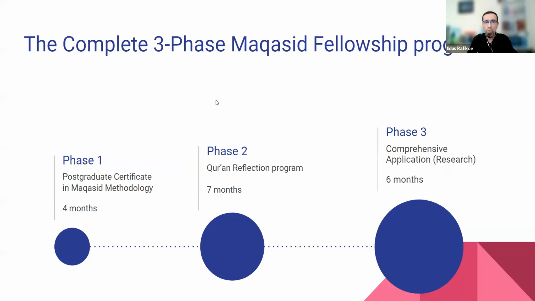So the whole program is a three-phase Maqasid Fellowship program. That's what we call it. And there are three phases. This postgraduate certificate in Maqasid methodology, the one that you're enrolled in right now, is the first phase. And this is a preliminary phase to the Quran reflection program, where we go through the whole of the Quran, and we read it with our own approach, having our own research questions and research interests.